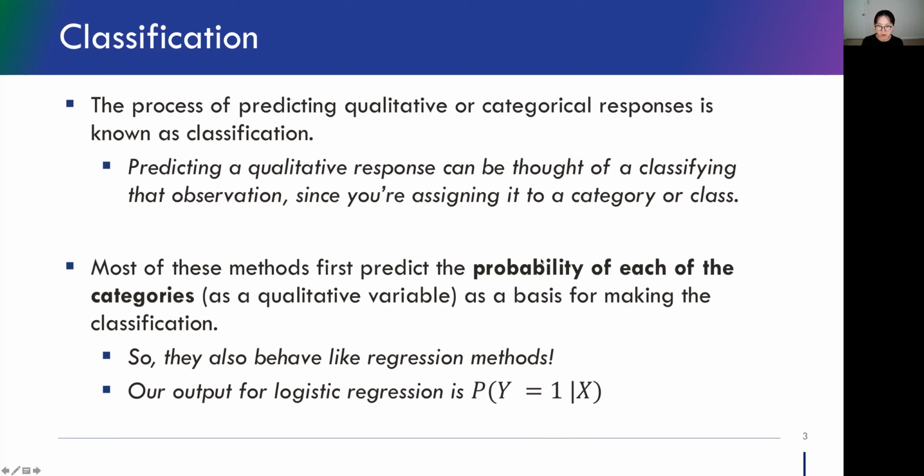With this, we predict the probability, so we can still use the old methods that we learned about regression models, either simple linear regression or multiple linear regression, depending on how many predictors you have. The only difference is that the response, the output for logistic regression, is the probability of y being one of the categories.